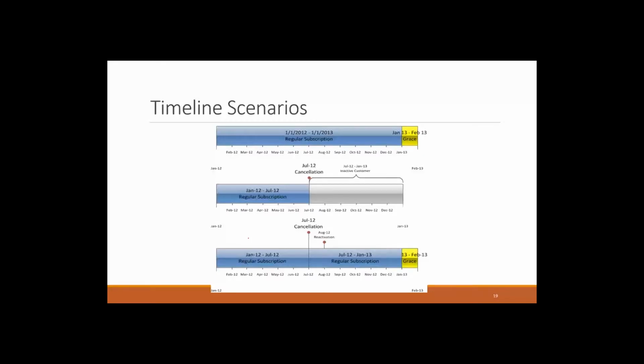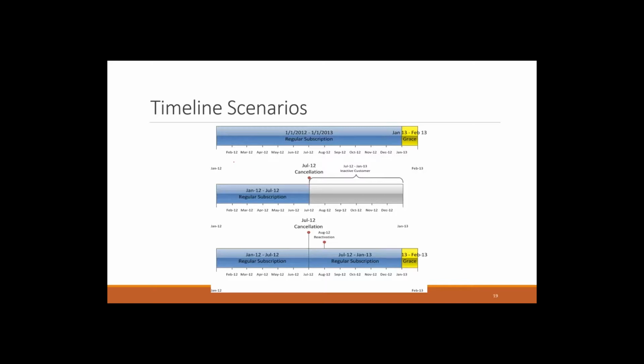Okay, so you're going to want to also timeline scenarios, and all this means is that you're going to want to line up subscription after subscription, because if you have to count renewing members, you might have things like grace periods that tend to complicate things.